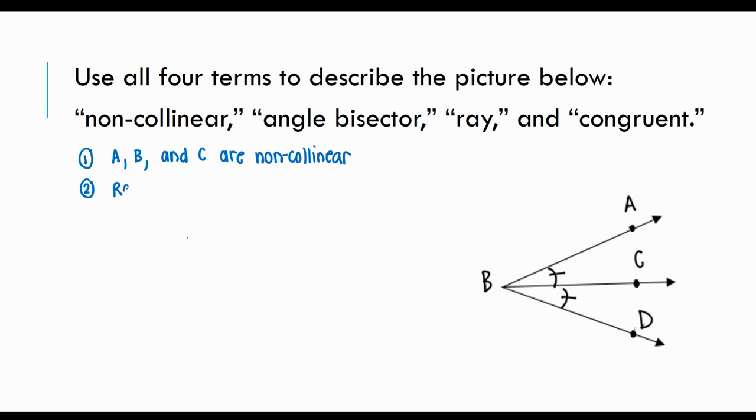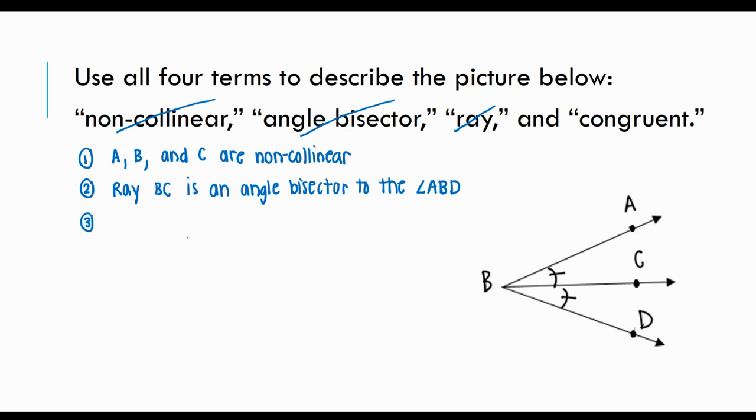So I can start off by saying that the ray BC is an angle bisector to the angle ABD. Oops, not C, D. All right, so there we already used non-collinear, we just used ray, and we just used angle bisector. So now we only have to figure out how to describe congruence.